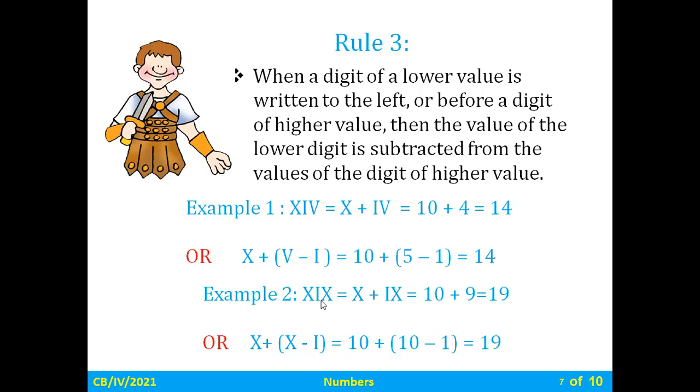But when we write a lower value to the left of a higher value, we subtract it. So this gives the explanation. How do we write 9? X minus 1 means 10 minus 1, which gives us 9. So 10 plus 9, when we calculate it, gives us 19. So both the explanations are valid. You understand this way or that way. Both are okay. Have you understood this?